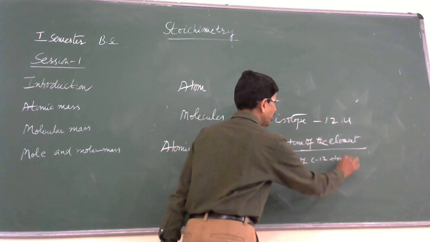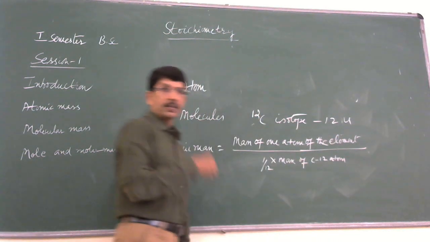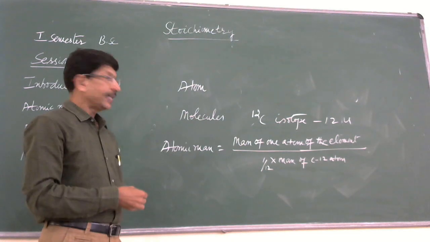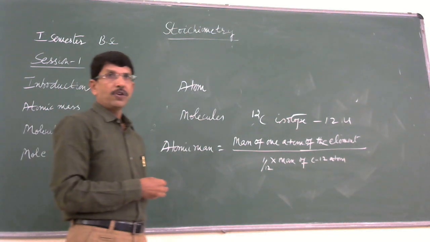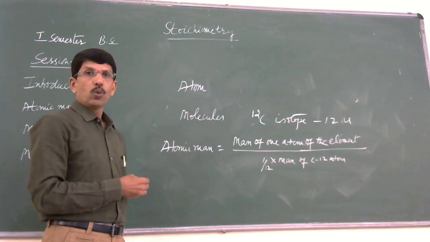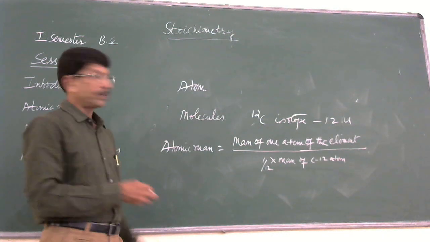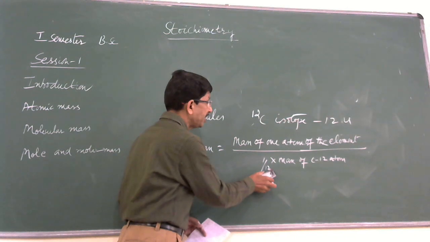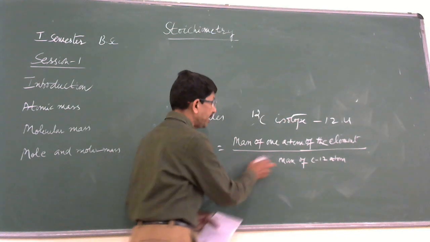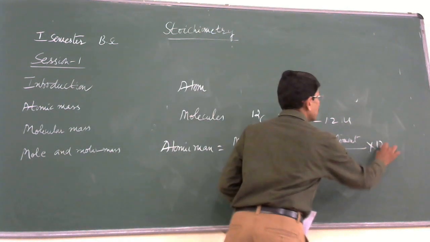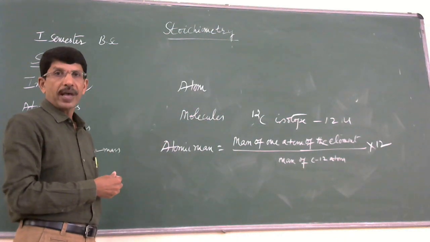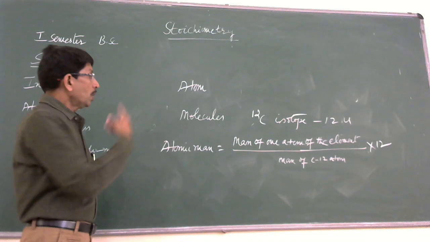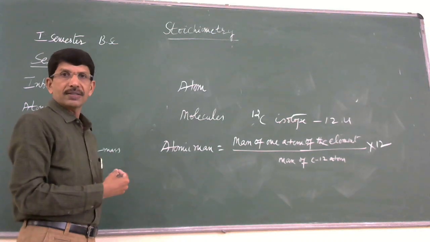This is the definition of atomic mass. Since 1/12 is in the denominator, this can also be written as the mass of one atom of the element into 12, and in the denominator only the mass of a C12 atom. So this is called atomic mass.